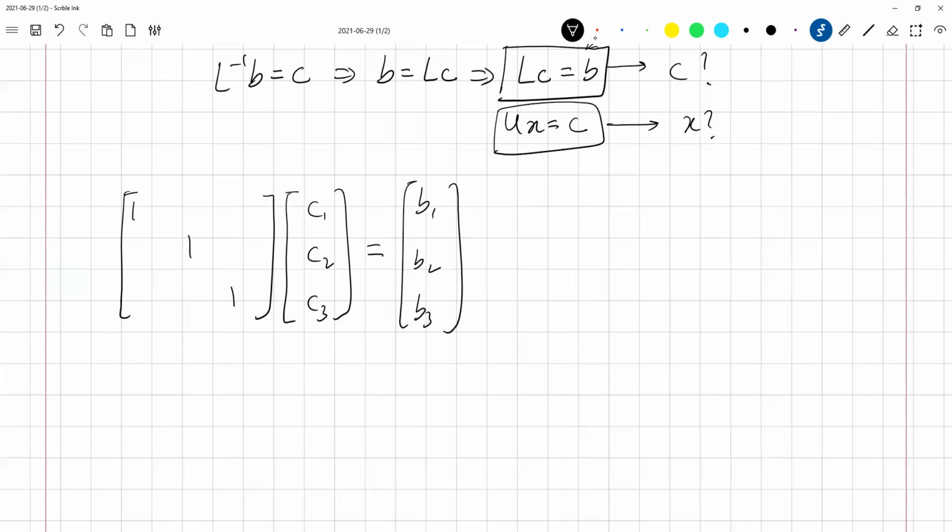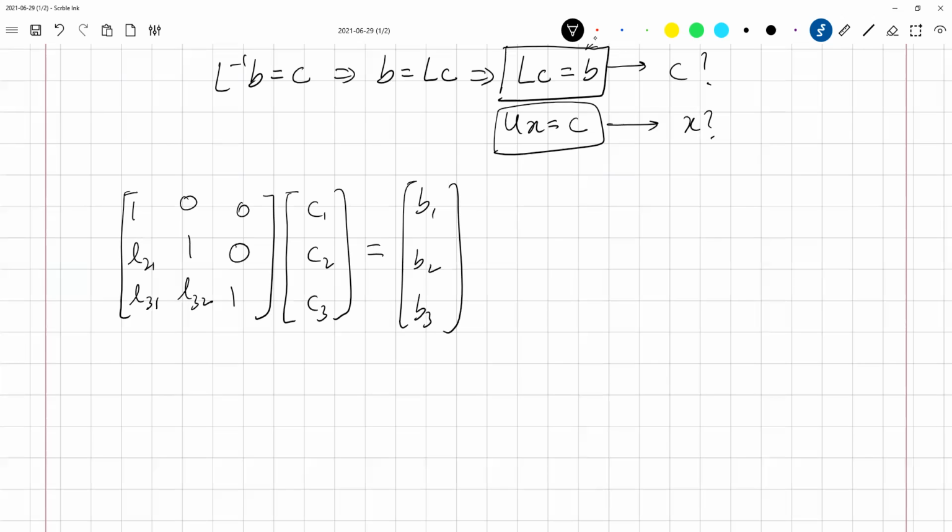Obviously we have zeros over here, since it's a lower diagonal matrix, and we might have some L21, L31, and L32 over here. They might be zero or may not be zero. It doesn't matter; right now I just wrote all of them.